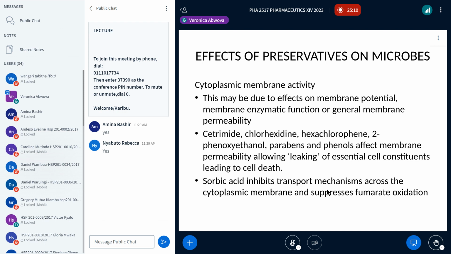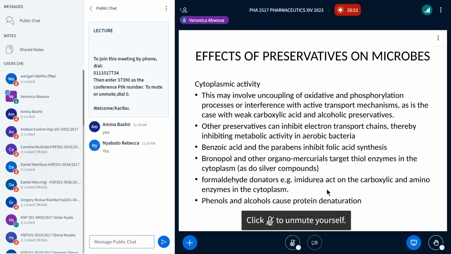Other preservatives can inhibit electron transport chains, thereby inhibiting metabolic activity in aerobic bacteria. Again, remember, if you inhibit electron transport, you may end up with accumulation of free radicals. And when these free radicals accumulate, they will cause disruption within the cell.